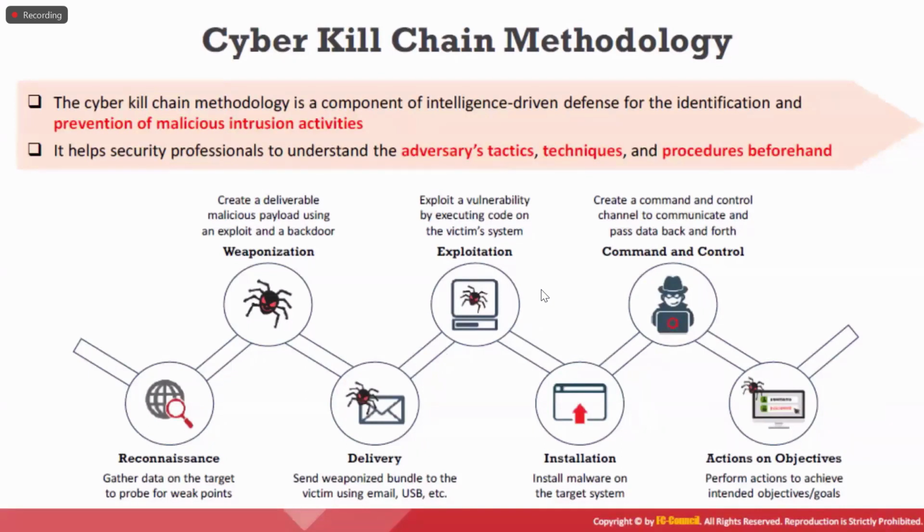That might be clearing the logs, or deleting the files which we created while exploiting the machine, so there won't be any evidence that we entered or hacked into the target network. Once that is done, that's it.